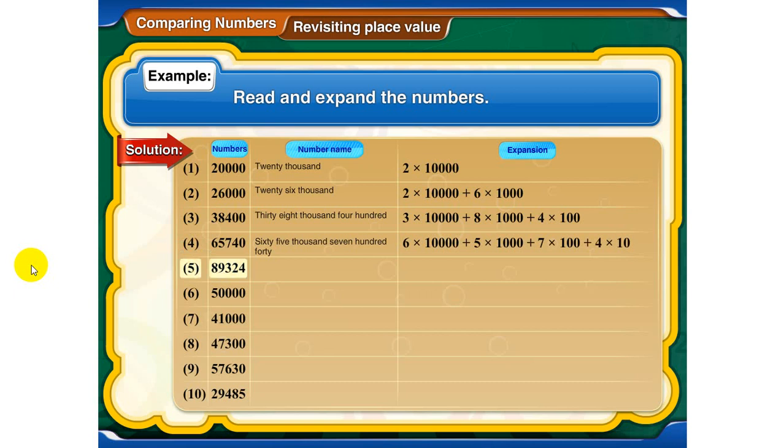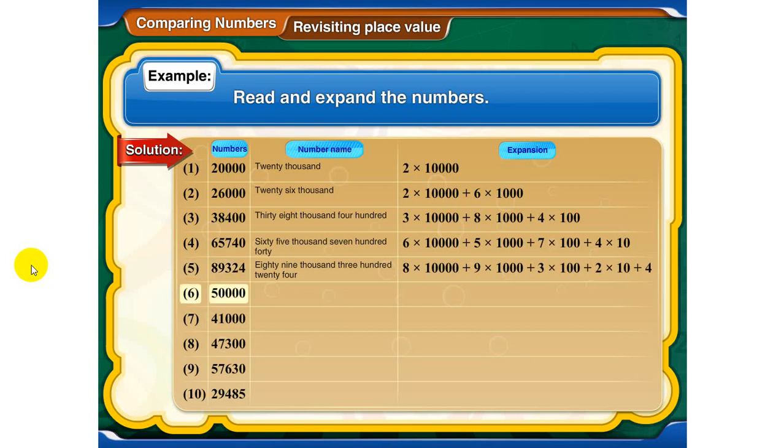The given number is read as 89,324 and expansion is 8 into 10,000 plus 9 into 1,000 plus 3 into 100 plus 2 into 10 plus 4 into 1.